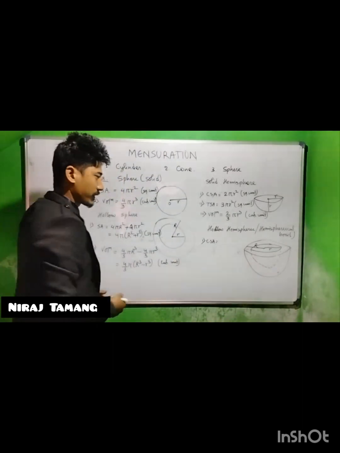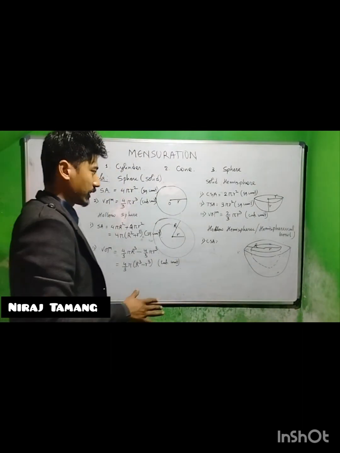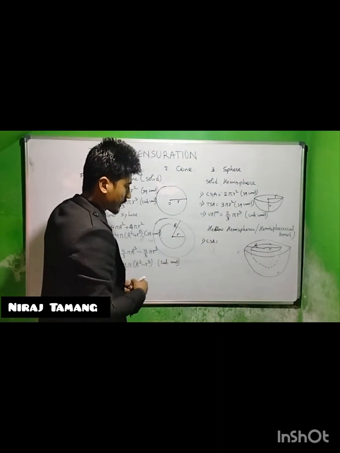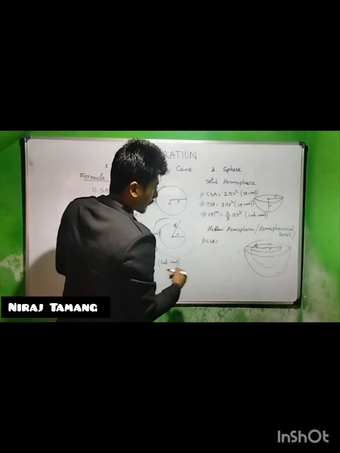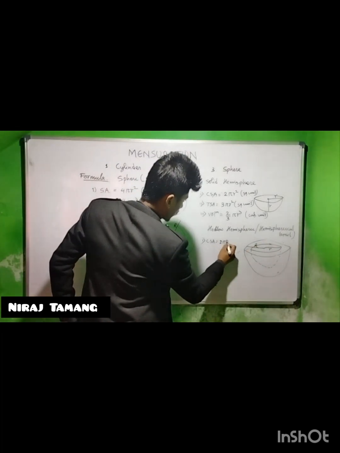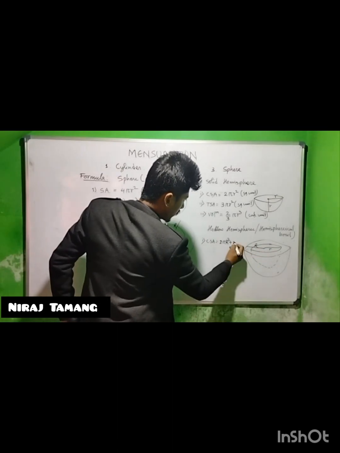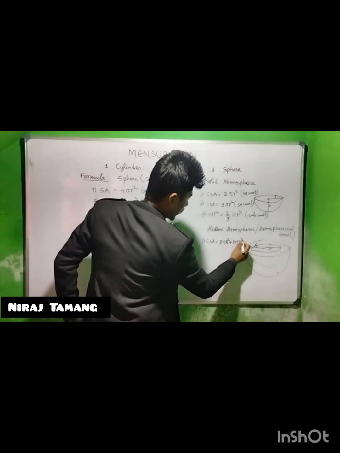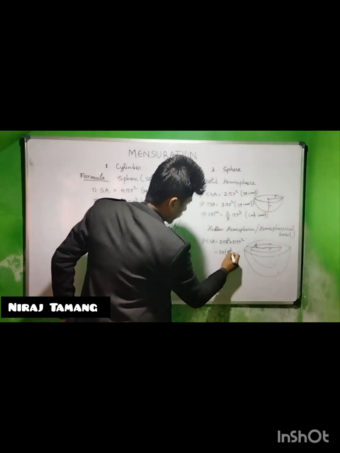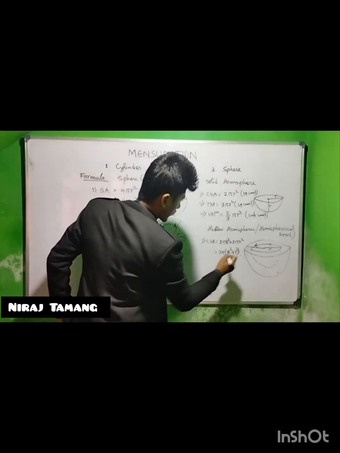It has two surfaces, outer and inner, and it has a third surface, that is the plane surface also. So I'm writing CSA, curved surface part only. That will be 2 pi capital R square for the outer one plus 2 pi small r square for the inner one. So that becomes collectively 2 pi (capital R square plus small r square).